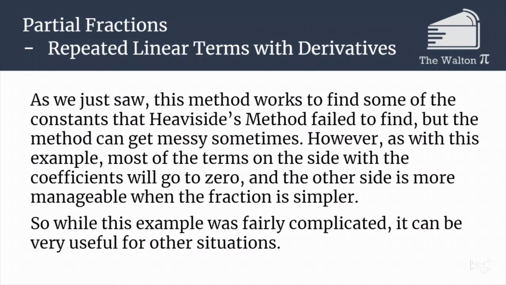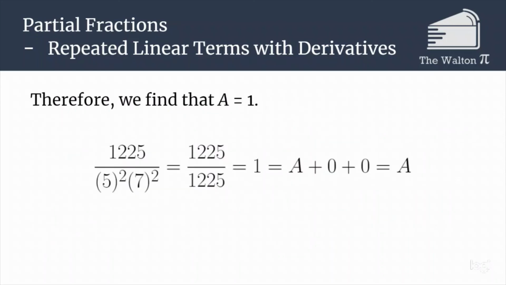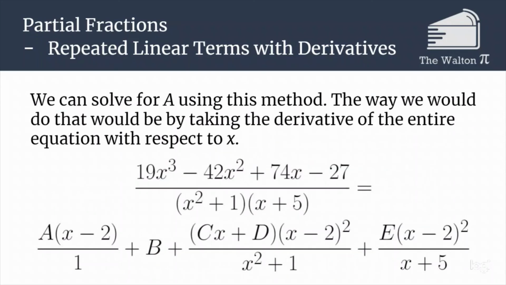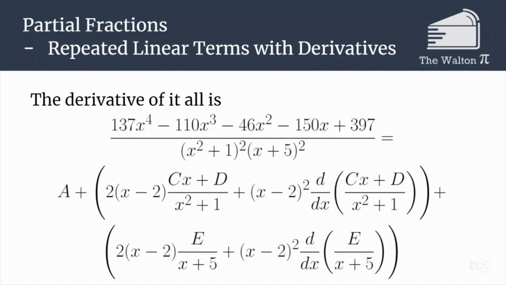Now, this method works to find some of the constants that Heaviside's method failed to find, but the method gets pretty messy. So I would not actually recommend using this all the time. However, some fractions would be pretty straightforward. So for example, if we were back here, and our original fraction had a constant on the top as opposed to 19x cubed minus 42x squared plus 74x minus 27, if that was a constant, the derivative would have been a lot easier.